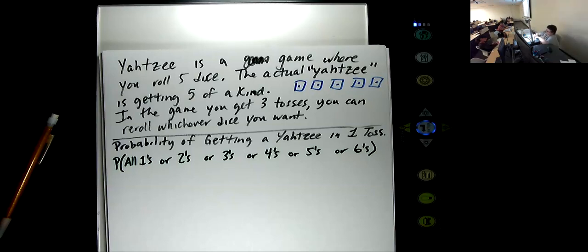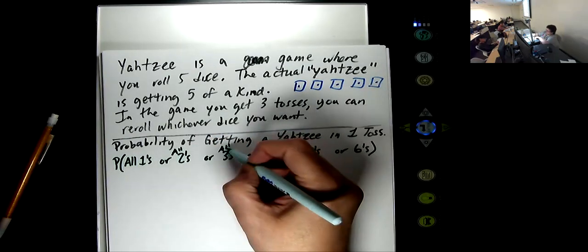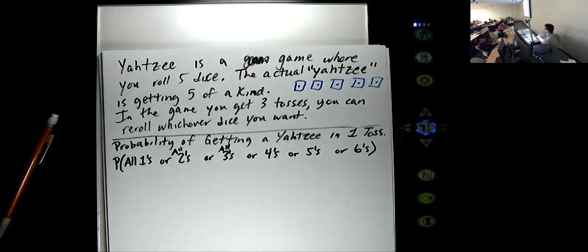And the word all should apply to each of these. But I didn't write it because it gets tedious writing all. Even though it's only 3 letters, I think it's implied. So from here on, I'm not going to write the word all anymore.